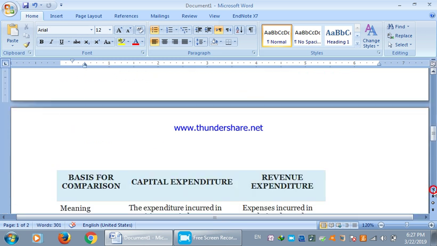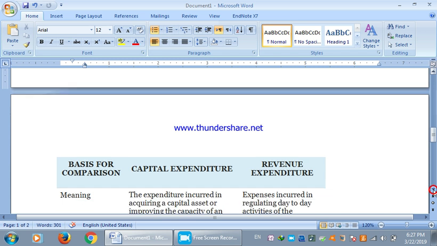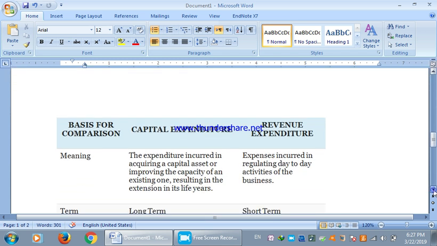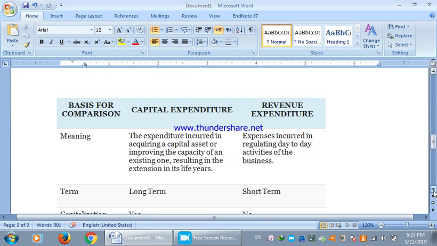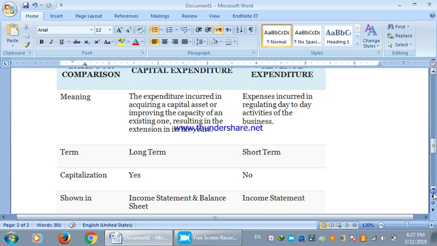If we look at the comparison chart, the expenditure incurred in acquiring a capital asset or improving the capacity of an existing one would be treated as capital, whereas day-to-day expenditure would be treated as revenue expenditure.